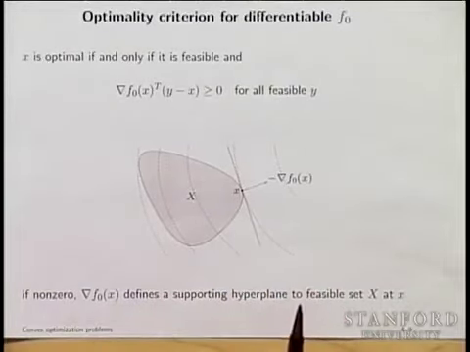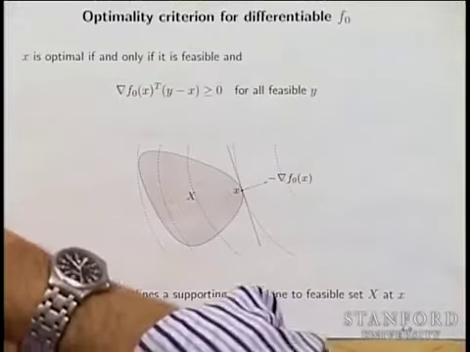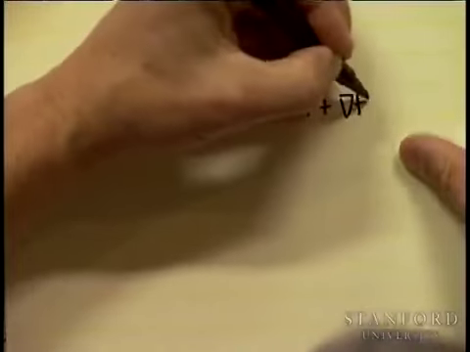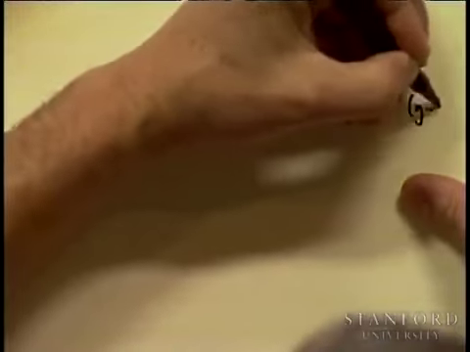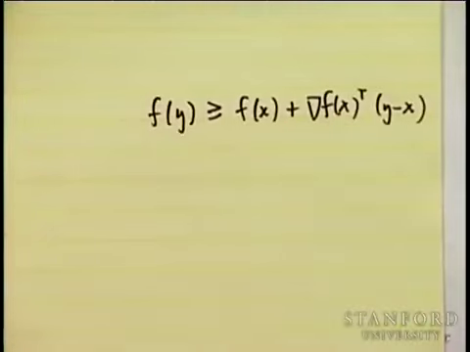Okay? I can actually sort of explain this. It just comes from this thing, right? It basically says the following. You know the following is true, f of y is greater than or equal to f of x plus the gradient of f at x transpose times y minus x, if f is convex. This is true for all y.